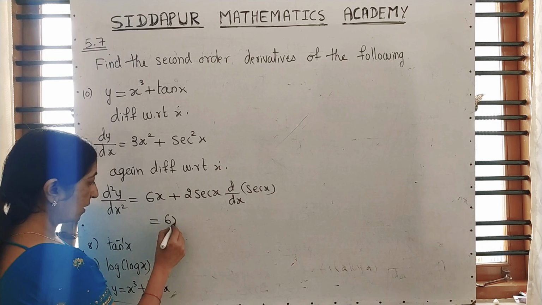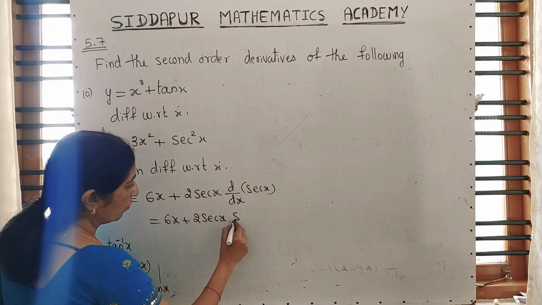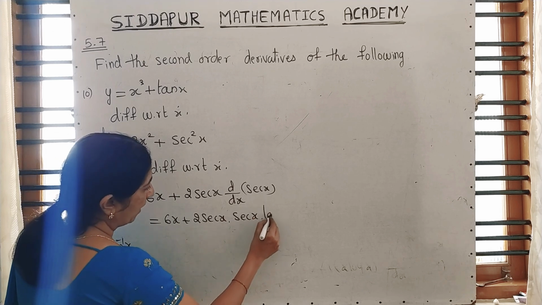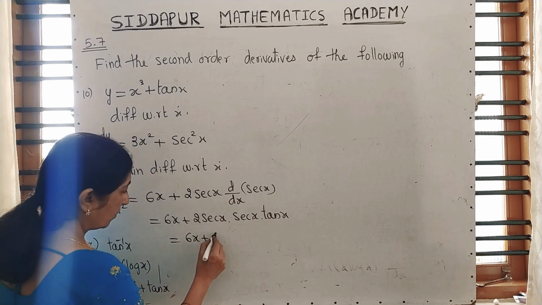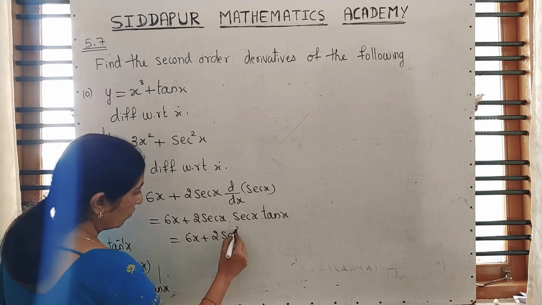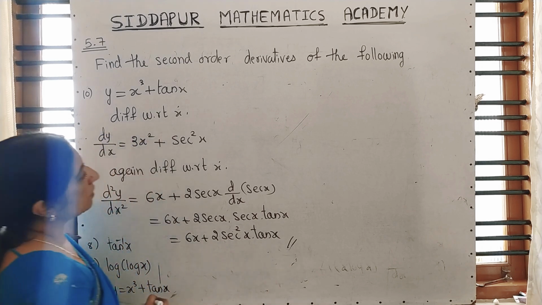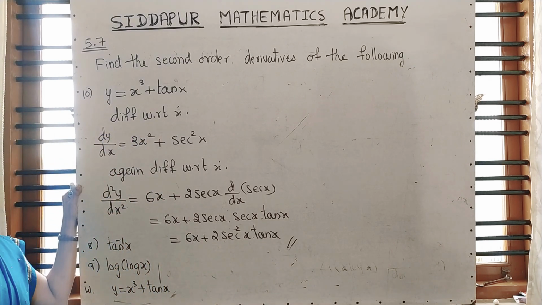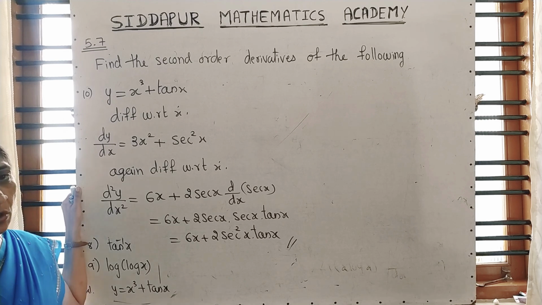This is 6x plus 2 into secant x, differentiation of sec is sec into tan. This is 6x plus 2 into secant square x into tan x. See, this is the final answer. In the next class, I will explain the 5 mark examples in second order derivative.